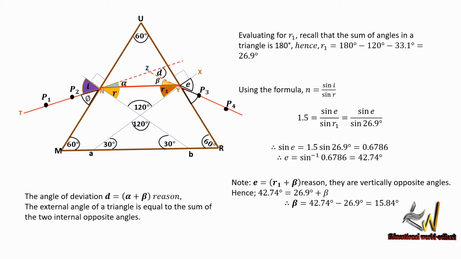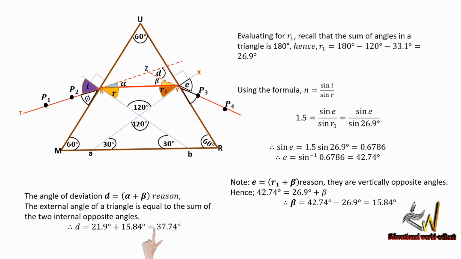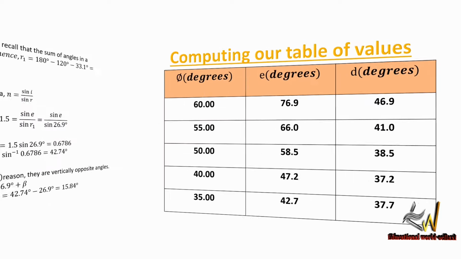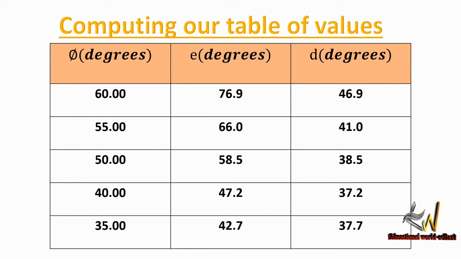The angle of deviation here now becomes alpha plus beta, which will now be 21.9 degrees plus 15.84 degrees, which gives us 37.74 degrees. So we compute our table of values. When phi is equal to 35 degrees, E, the angle of emergence, is 42.7, and the deviation D is 37.7 degrees.